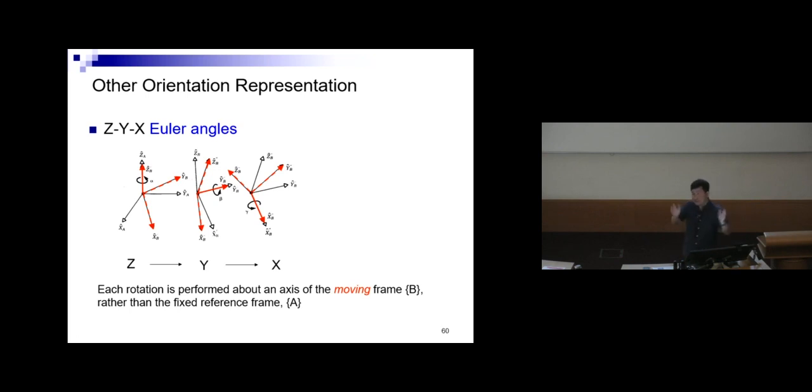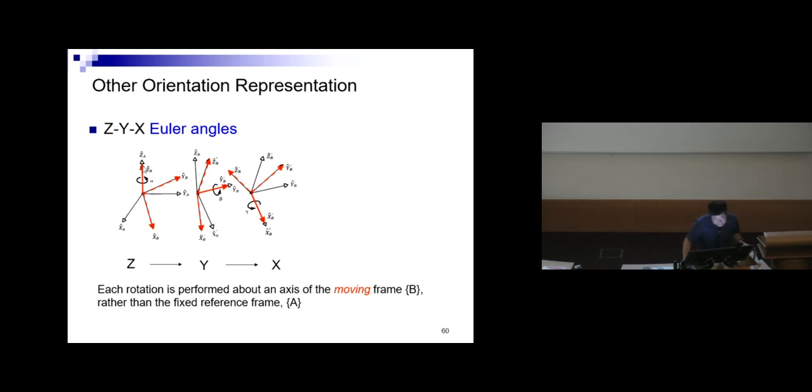So at this point you remember the sequence, and you know that the fixed angle means that the axis does not change. Okay. So when we talk about the Euler angle, the rotation is performed about an axis of the moving frame, rather than the fixed reference frame A. For example, if we have the Z, Y, and X Euler angle, initially same thing.